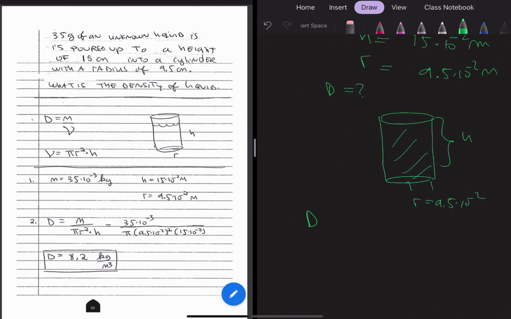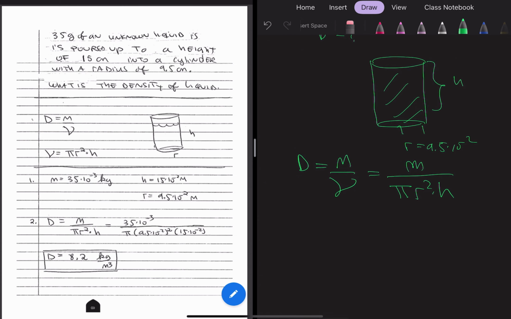So density is defined as mass divided by volume, and specifically for a cylinder, the volume is equal to pi r squared times the height. So we can just plug in here. So the density is going to be the mass, 35 grams. Here, I'm just going to automatically convert 35 grams into kilograms.